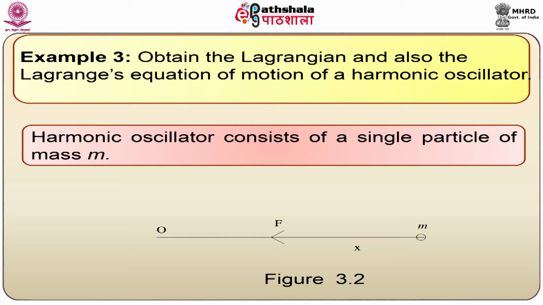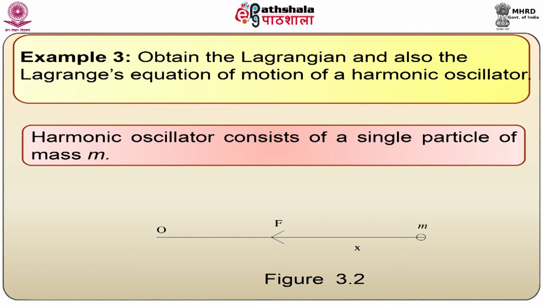Let us consider the next example. Obtain the Lagrangian and also the Lagrange's equation of motion of a harmonic oscillator. A harmonic oscillator consists of a single particle. Let the particle be of mass m.